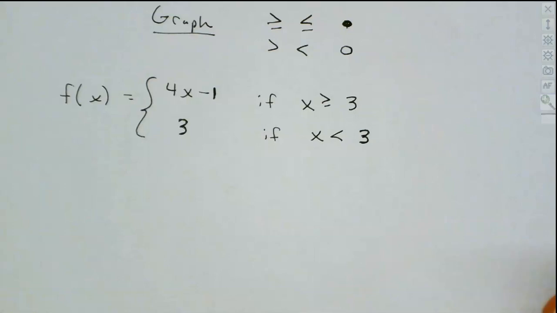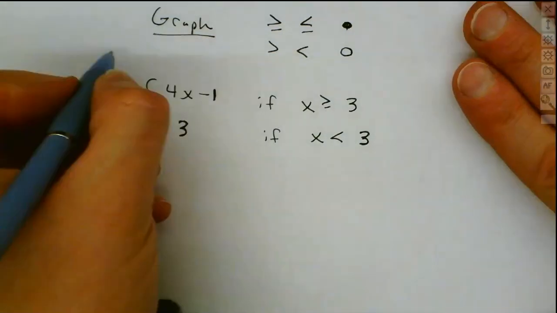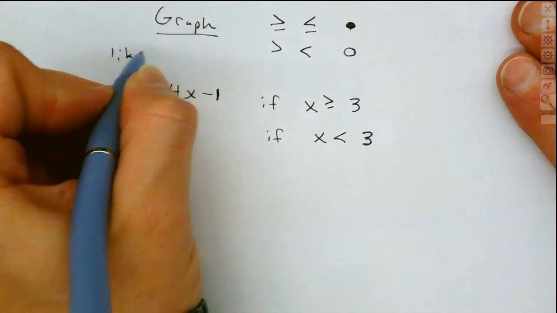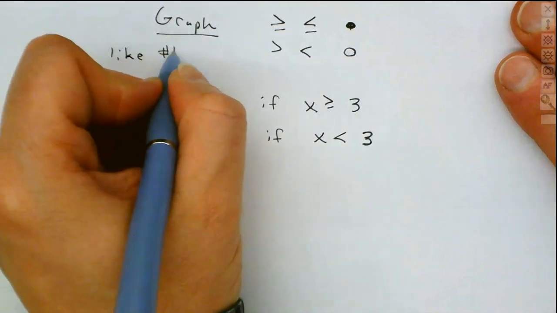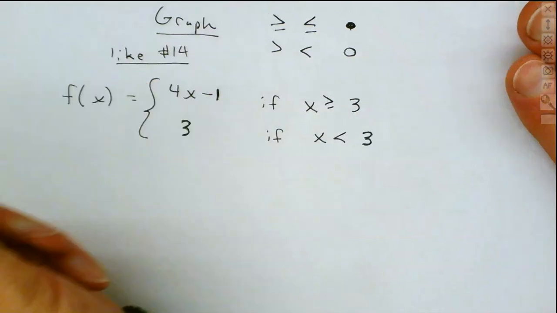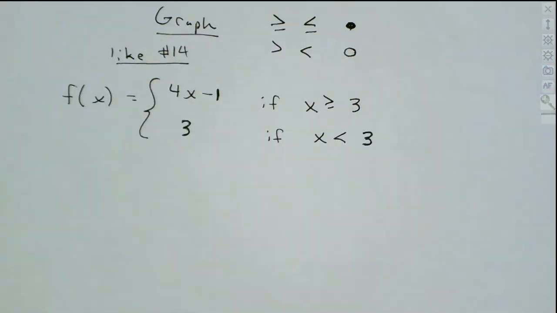We're going to try to graph this. And this is very, very similar to question 14. So this is going to be like question number 14. All I did was change the numbers around a bit. But it's very, very similar.